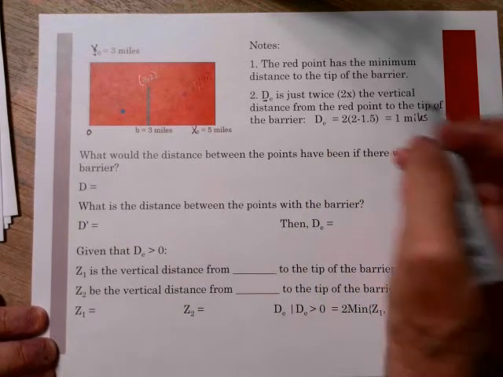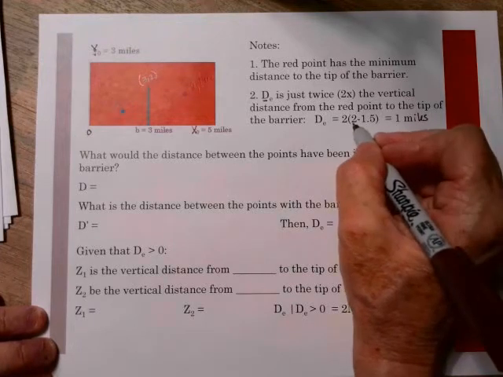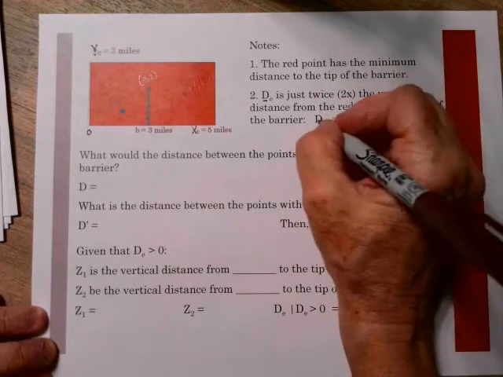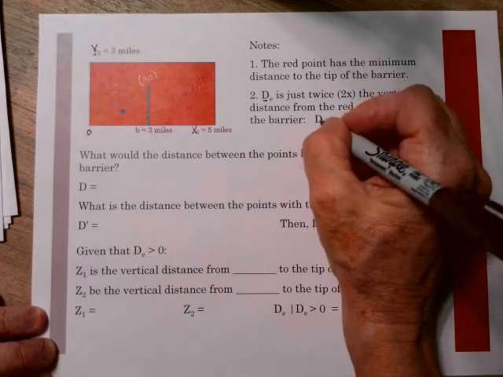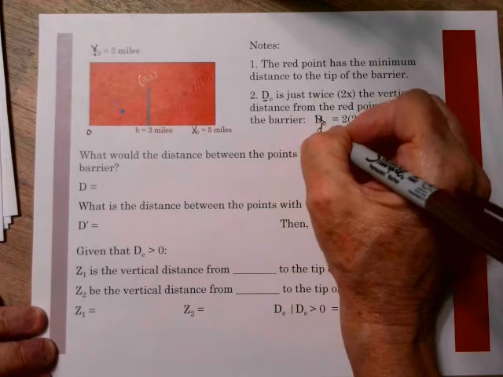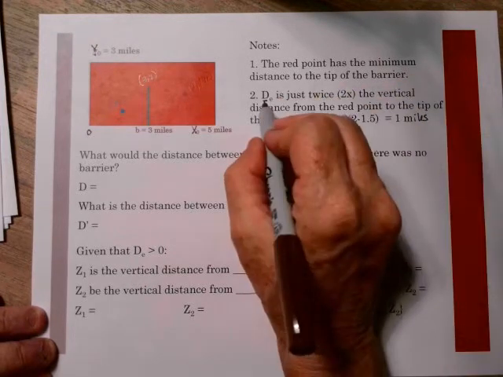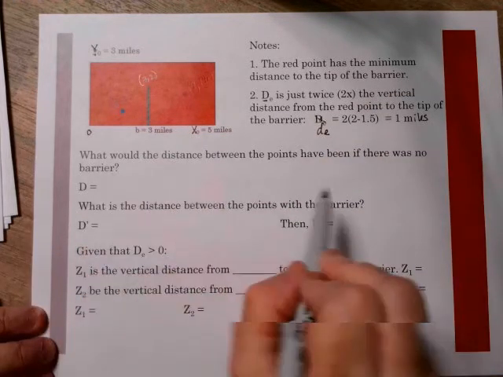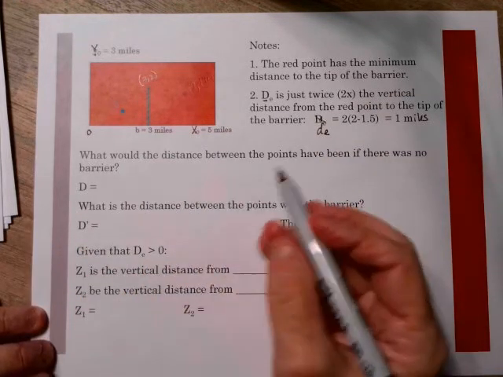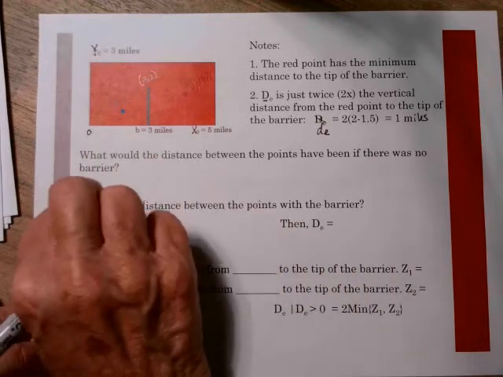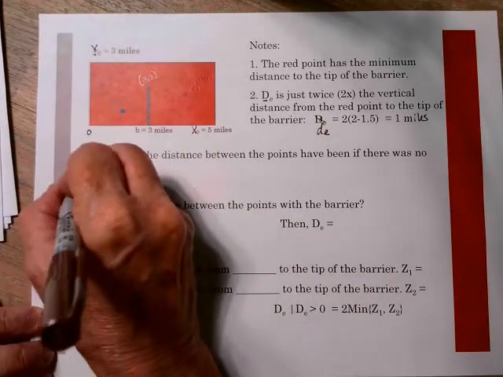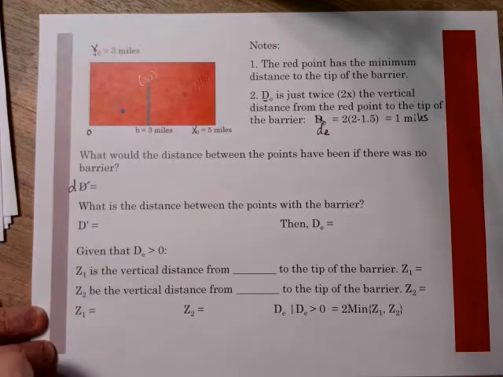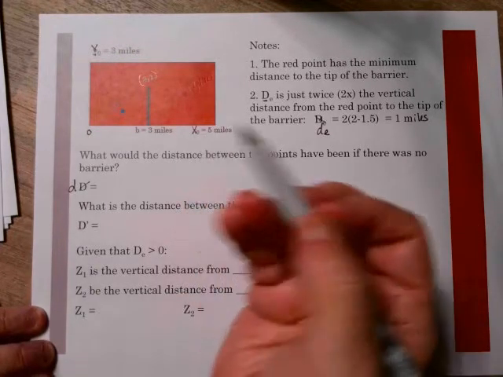Now technically, because this is a numerical value, this probably shouldn't be a big D. It should be represented as a little d of e, because this is a random variable and that is an actual value. Now, what if there had been no barrier? We figured this out on the last slide.